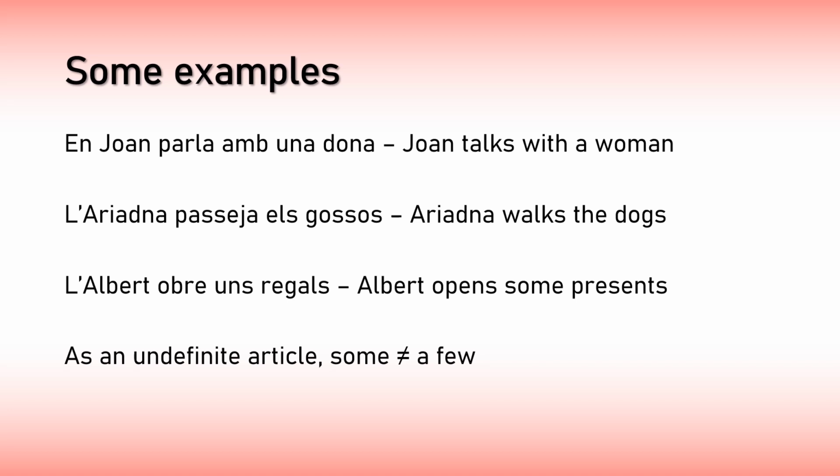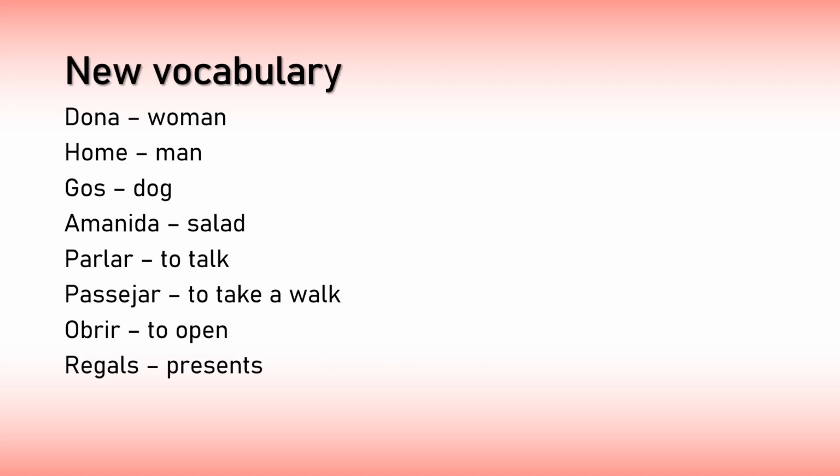So we have seen some new words in this video. I decided to make a list of some of the words so that you can learn vocabulary as we go. I'm going to pronounce them so that you can get used to how different sounds are in Catalan, and so on. So if you want to say a woman, you say dona. Man is home.